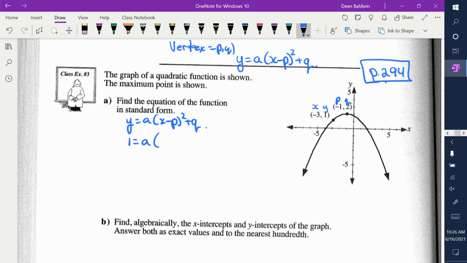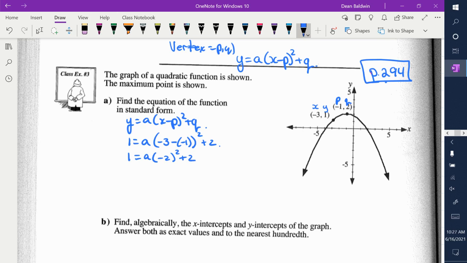My x value is -3 minus my p value, which is -1, all squared plus q, which is 2. Now we have to clean this up and solve for a. Do what's in the brackets first. -3 minus -1, so -3 plus 1 is -2, squared plus 2.